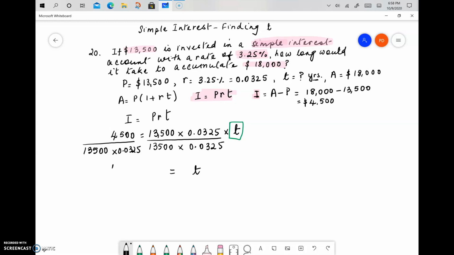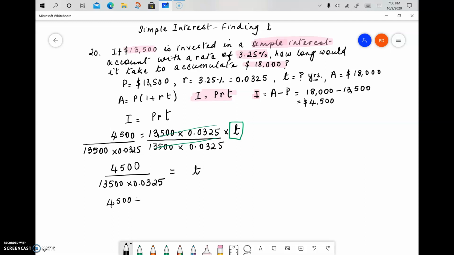So t is equal to 4,500 because these two quantities cancel each other out. So it's 4,500 divided by 13,500 times 0.0325. So we enter the numbers into the calculator, and when you enter the numbers into the calculator, just be extremely careful. So there are two ways of doing this.